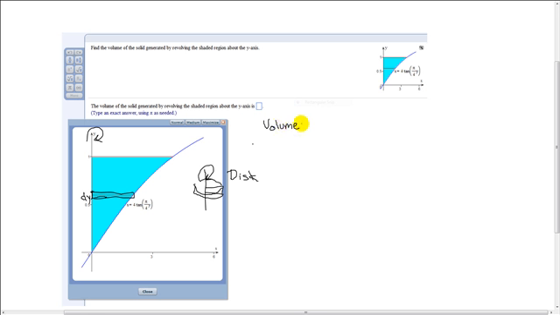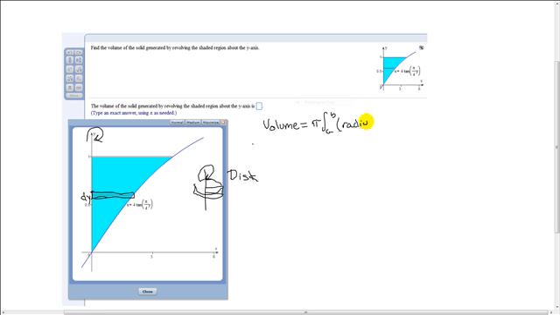Okay, so in the disk method, your formula is the volume of that solid of revolution is going to be pi times the integral from a to b. Let me not specify the limits of integration for now.